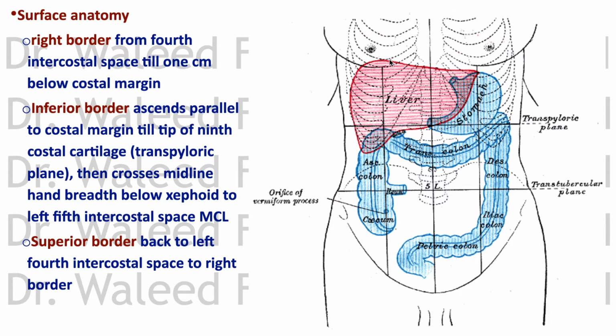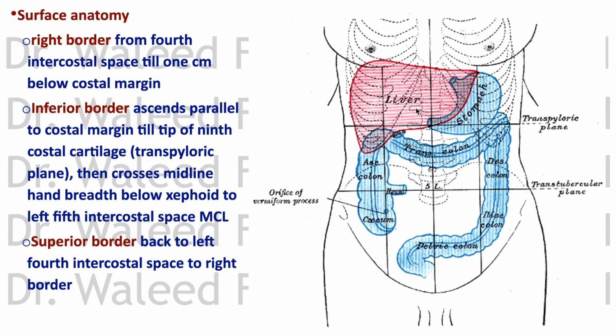So as you can see, it's a huge organ, and the middle part extends a hand breadth below the xiphoid process, and the anterior abdominal wall is directly anterior to this part of the liver, so it's liable to injury.